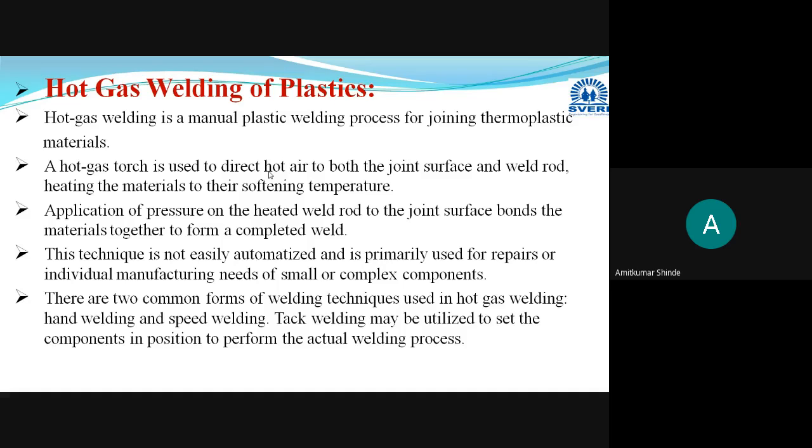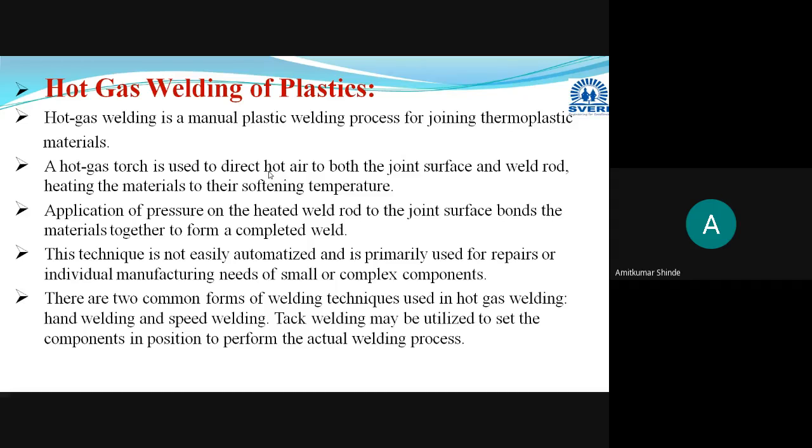Okay, and the temperature. In this hot gas welding process, whichever hot gases we are using, their temperature range will be from 200 degrees Celsius to 350 degrees Celsius. Within that temperature range, the hot gas temperature will be maintained.